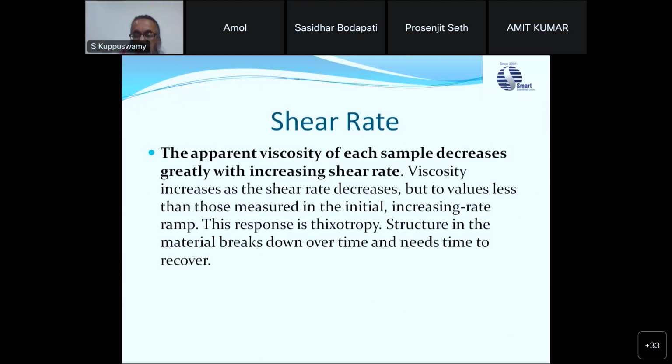If they mention some cone and plate spindle, some flat surface spindle in the USP, that means they have generated shear rate with the cone and plate geometry, or a small sample adapter, or the UL adapter, ultra low volume adapter, or sometimes vane spindles also.